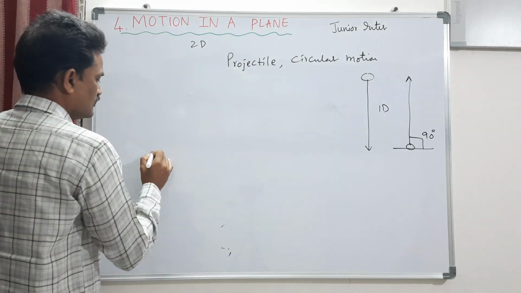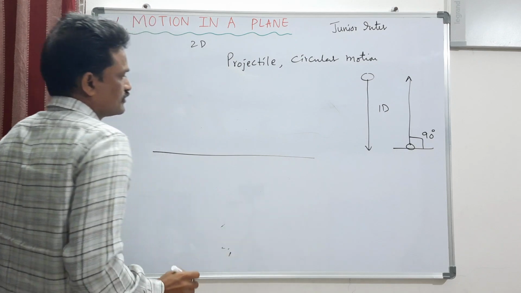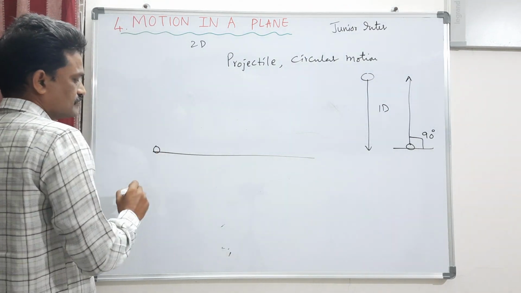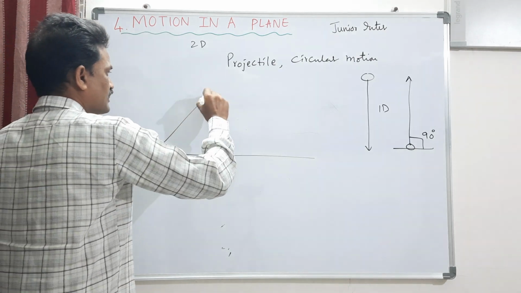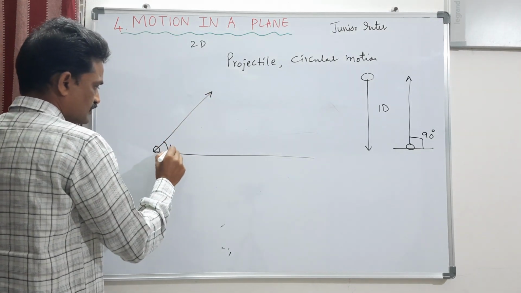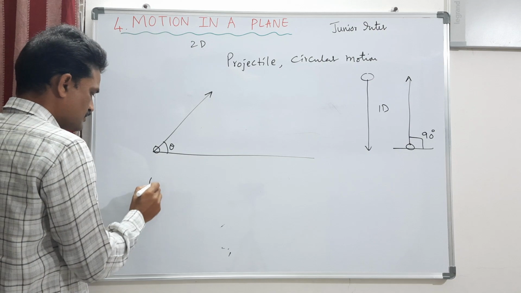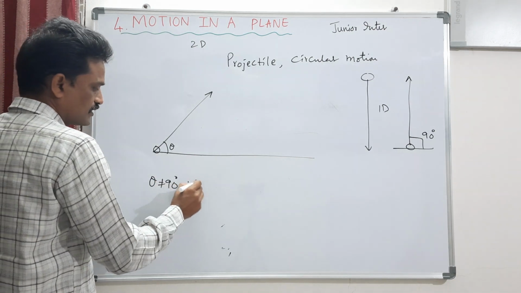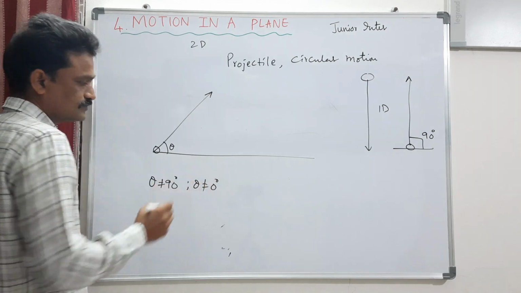So projectile is nothing but an object thrown upwards, making an angle theta with the horizontal. Here theta is not equal to 90 degrees or theta is not equal to 0 degrees also.